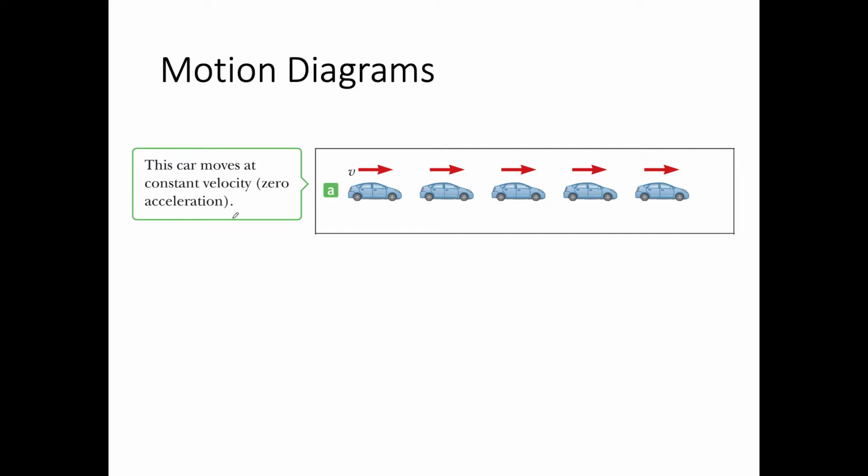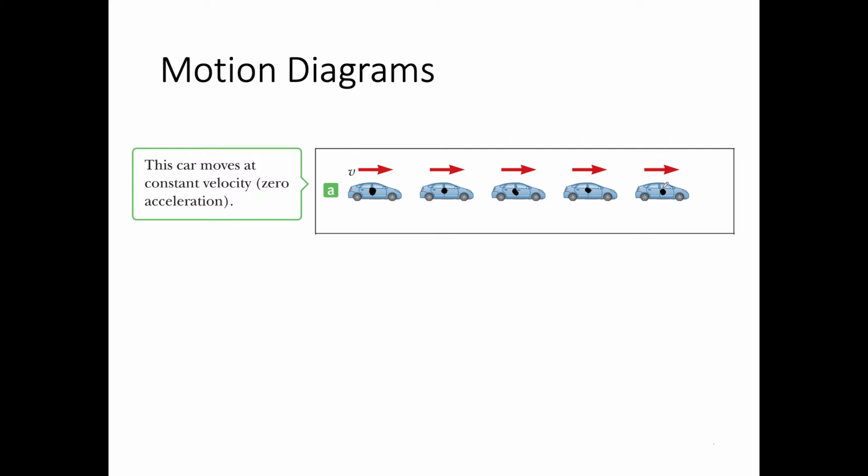Now let's talk about how to represent an extended object for 1D motion. For us, we just use a dot to represent the position of the car. We pick one point in the car, and to be consistent, we use that point to represent the position of the car.